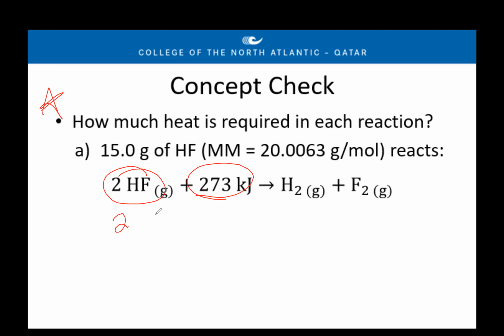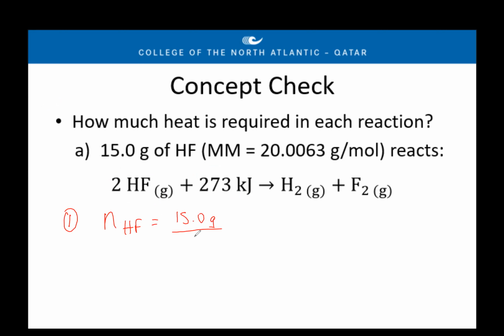Okay, so again, that's my recipe. The problem is I don't have 2 moles of HF. I need to see how many moles of HF I actually have. So it's mass, that's a G, over molar mass.